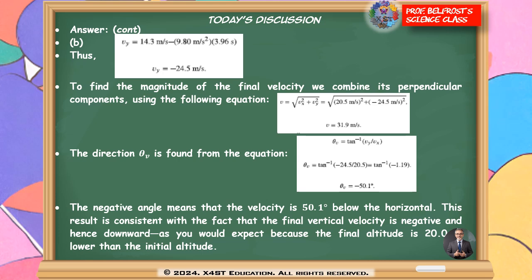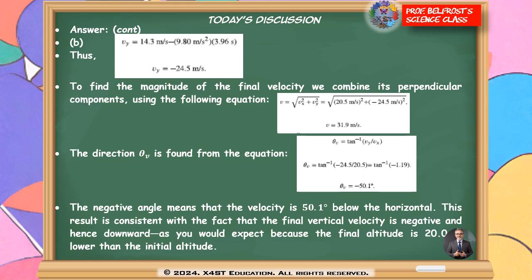And how about the theta? The theta can be easily found by utilizing the arctangent formula, and it gives us about minus 50.1 degrees. It means that it strikes with a velocity of 31.9 meters per second at an angle of 50.1 degrees below the horizontal.